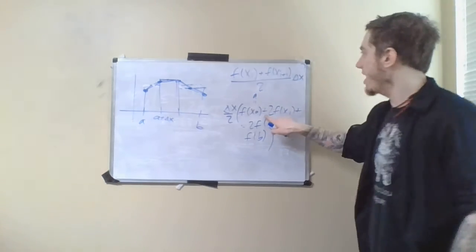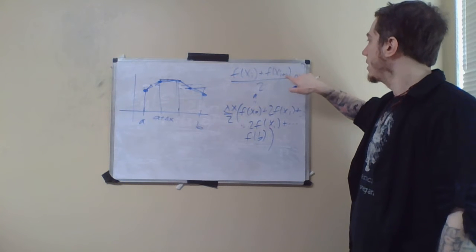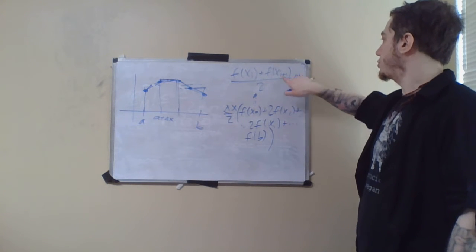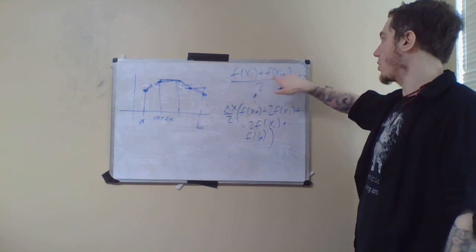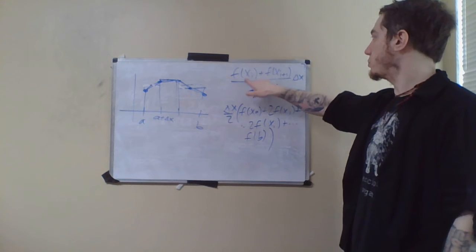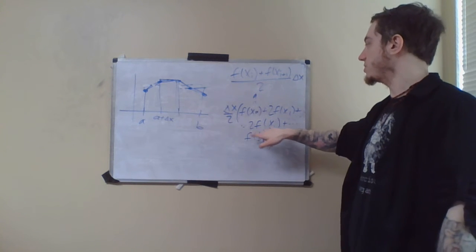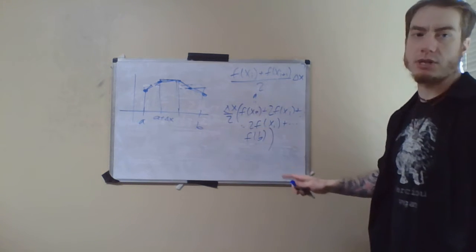The reason why pairs show up is because you'll notice that as I sum these together, x1 shows up in the f of x0 plus f of x1, and it also shows up in f of x1 plus f of x2. So it shows up twice, but the endpoints only show up once. Everything else shows up twice.